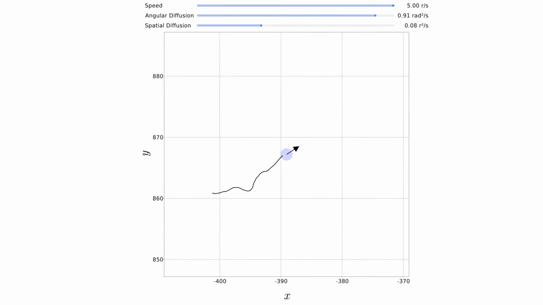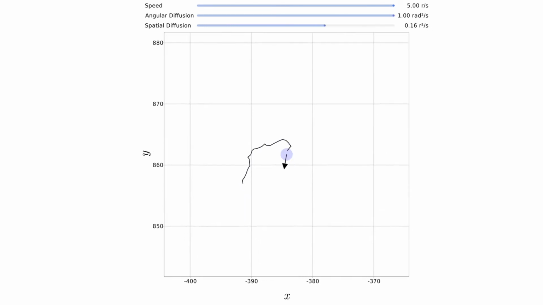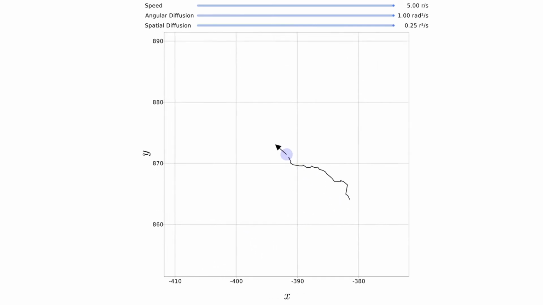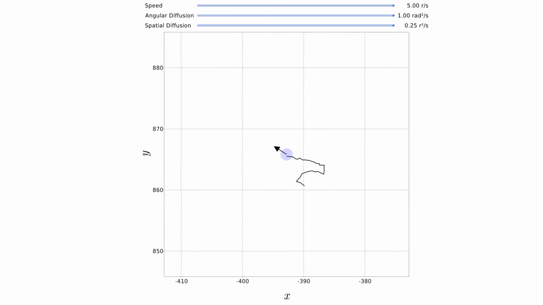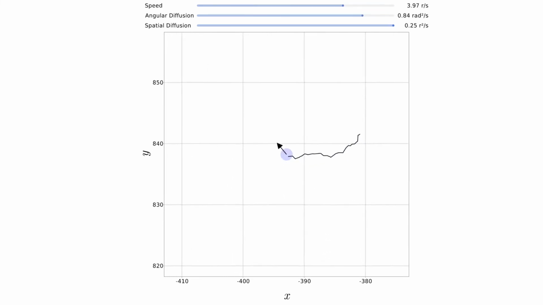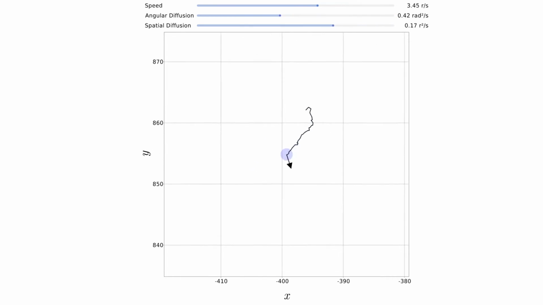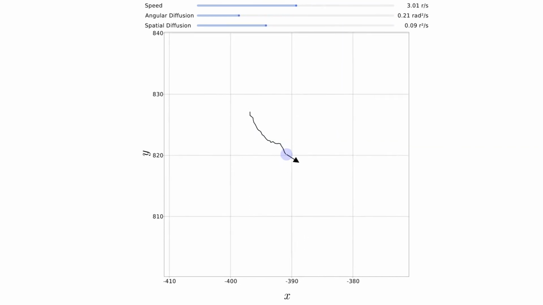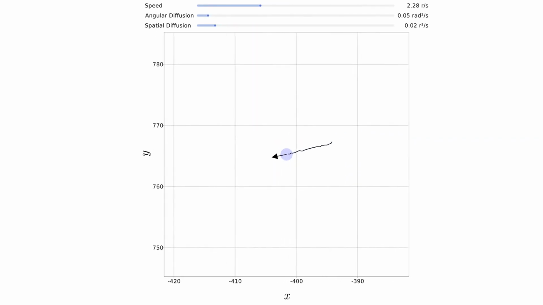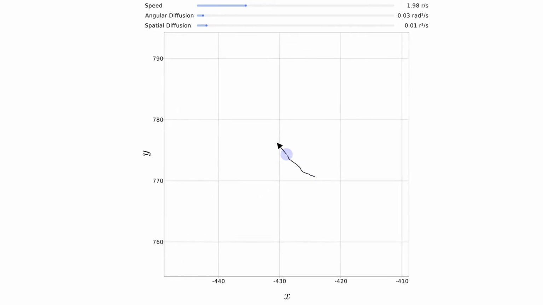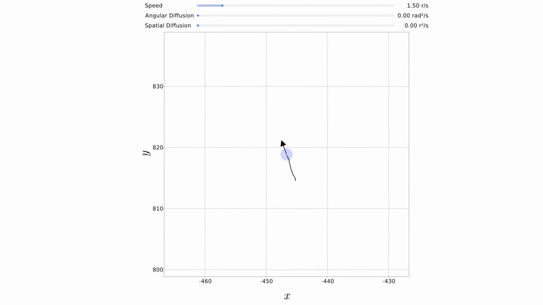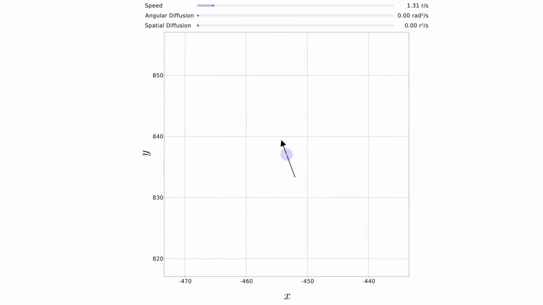Alternatively, keeping speed constant and increased diffusion means more erratic motion. With no diffusion, the particle maintains a ballistic trajectory. That is, its direction does not change. In simple cases, these parameters are constant, though they can vary with time, or other properties, depending on the application.